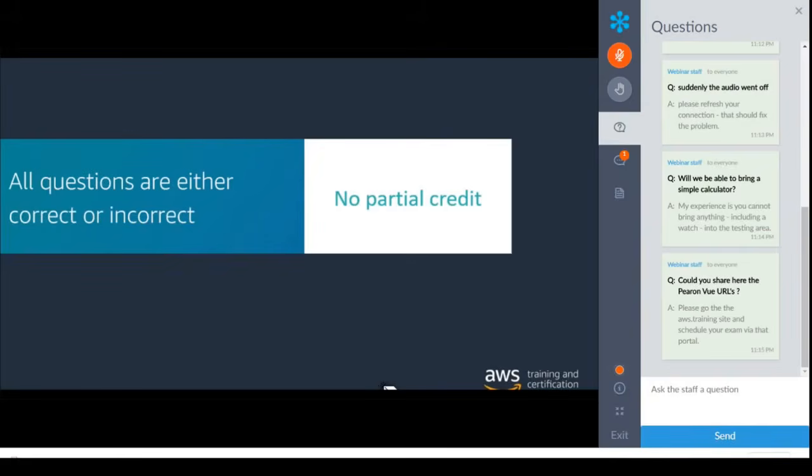But here's the other thing to take from this. Since all questions are either correct or incorrect, you don't get any penalty for selecting the wrong answer. We don't subtract points from your overall score if you take a guess and get it wrong. So you're always best off to at least take a guess if you have no idea what to pick.